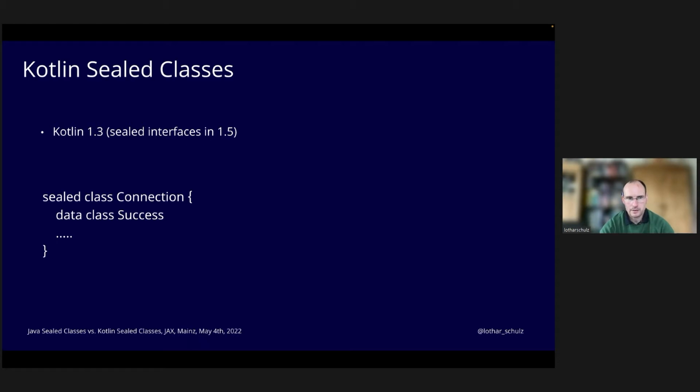Sealed classes exist since Kotlin 1.3. Interfaces have been introduced in 1.5, and 1.5 is also the version I use in my code. And Java 17, JDK 17, is the underlying JDK version.